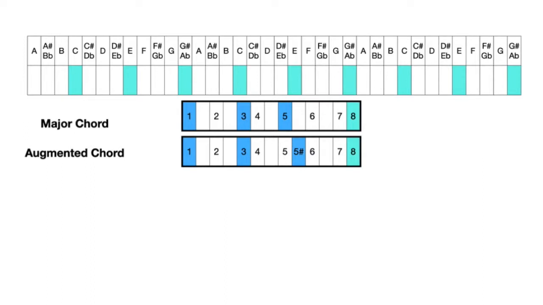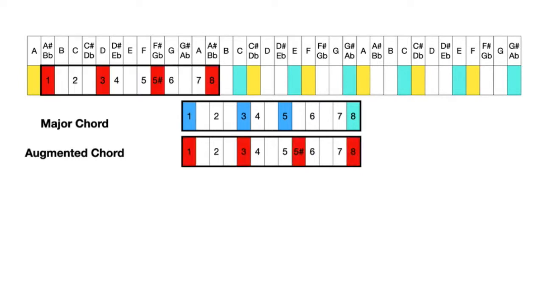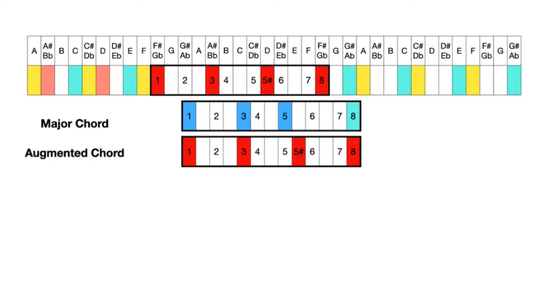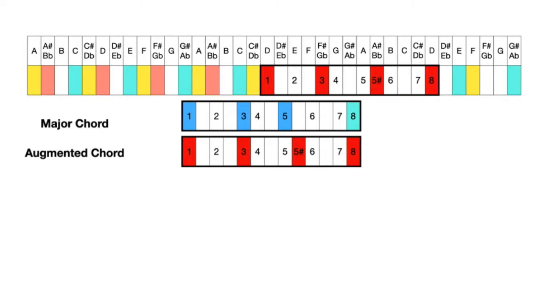I could also group together the augmented chords that are a semitone higher. The A augmented, the C sharp augmented, and F augmented, consisting of the notes A, C sharp, and F. And then the next group, 1 fret higher, would consist of a B flat, D, and G flat, which gives us either B flat augmented, D augmented, or G flat augmented, which are all the same chord, just different inversions.